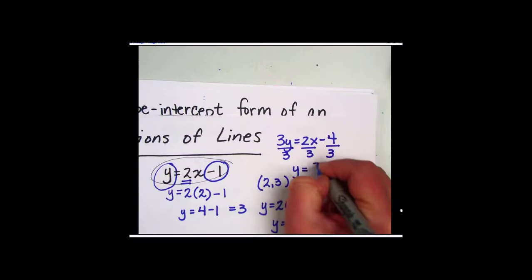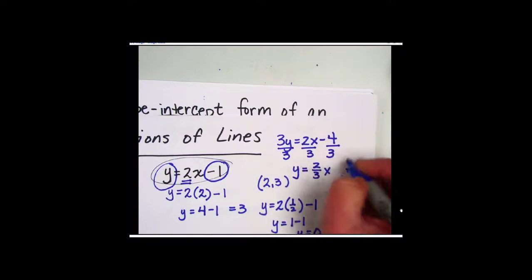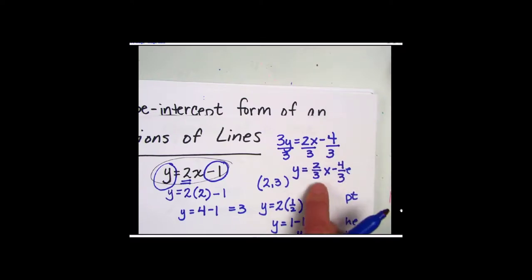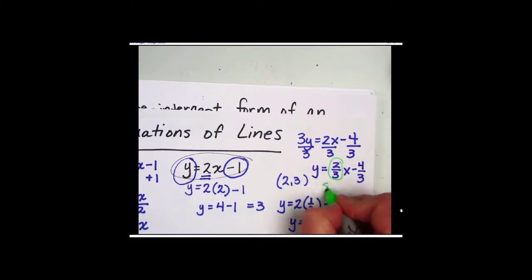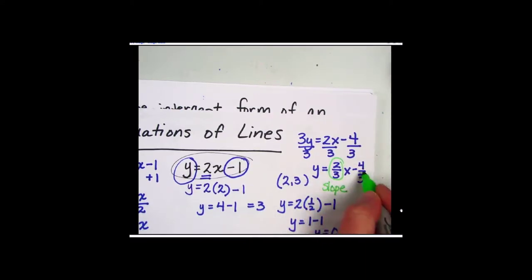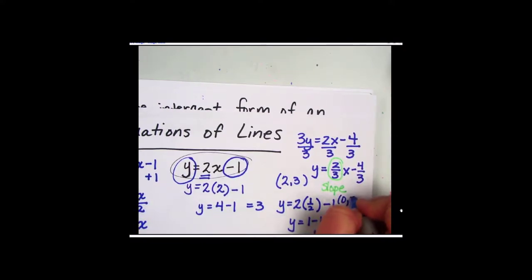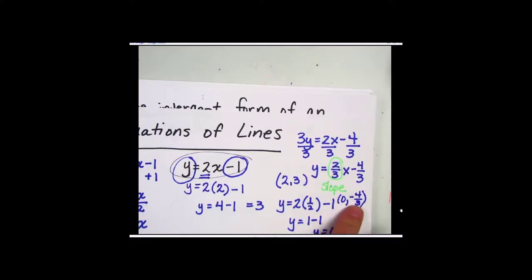We would get y = 2/3 x - 4/3. And now I'd be ready to tell you that 2/3 is my slope, okay? And -4/3 is the y-coordinate of my y-intercept. So my y-intercept would be (0, -4/3).